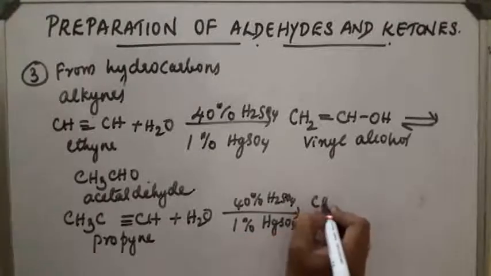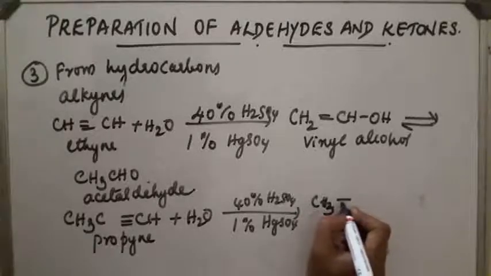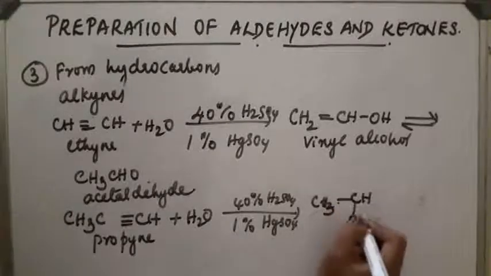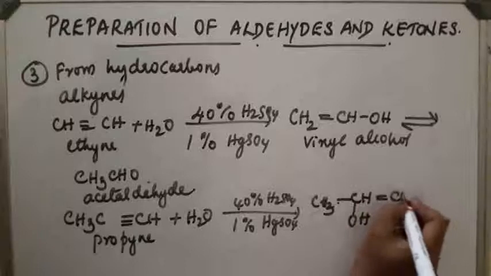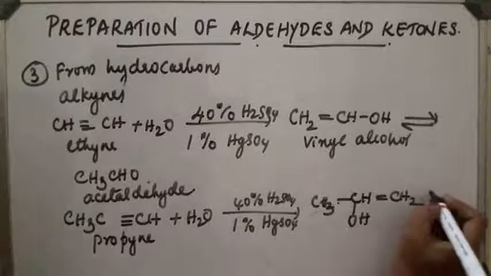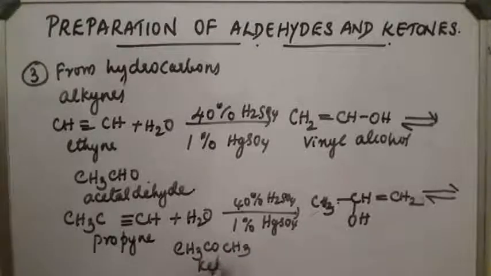CH3C(OH)=CH2, an enol, will be obtained, then it rearranges and forms CH3COCH3. That is, a ketone will be obtained. Like this, from propyne we can obtain a ketone. These are the different preparation methods of aldehydes and ketones.